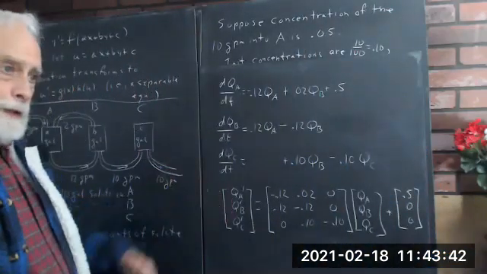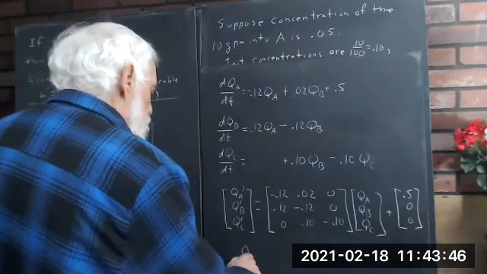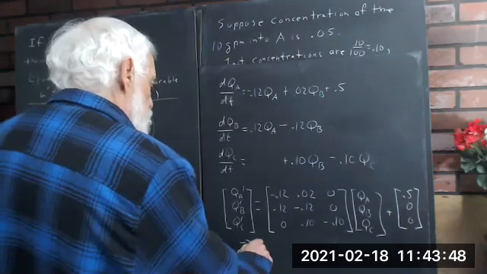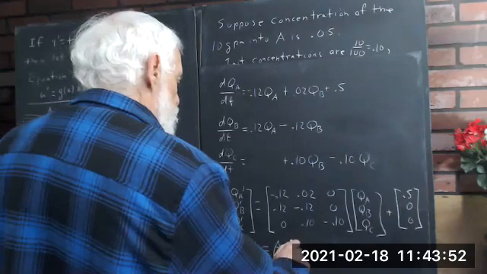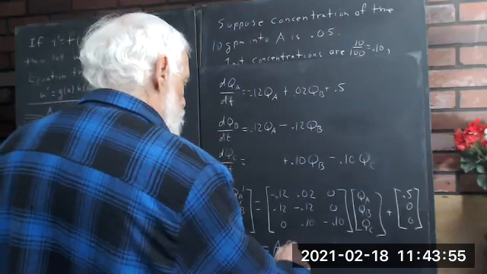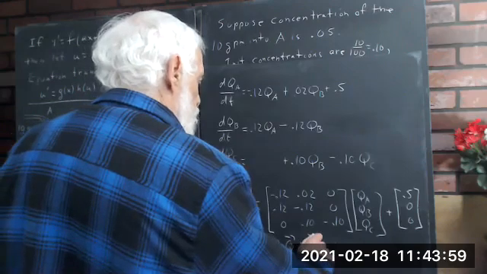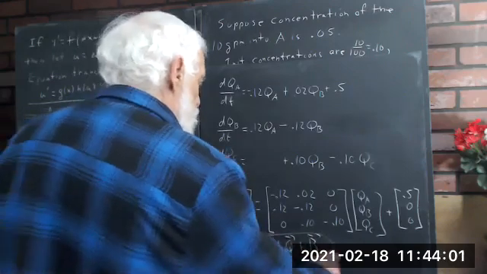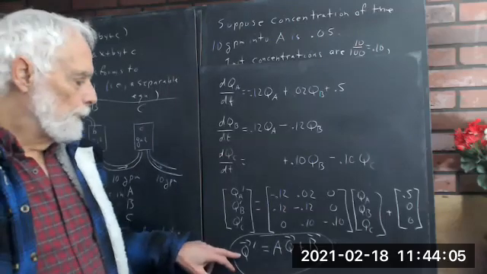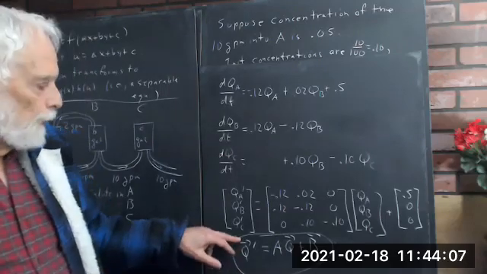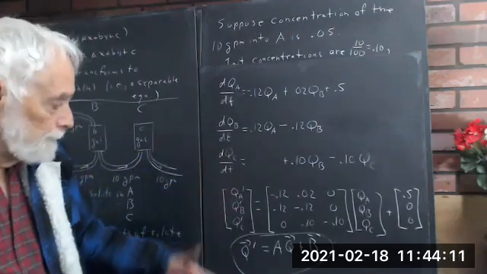So this is like a vector equation, Q prime, the Q vector being the QA, QB, and QC quantities.